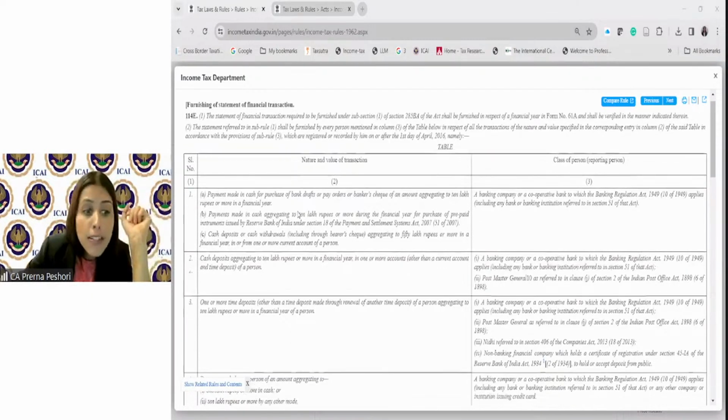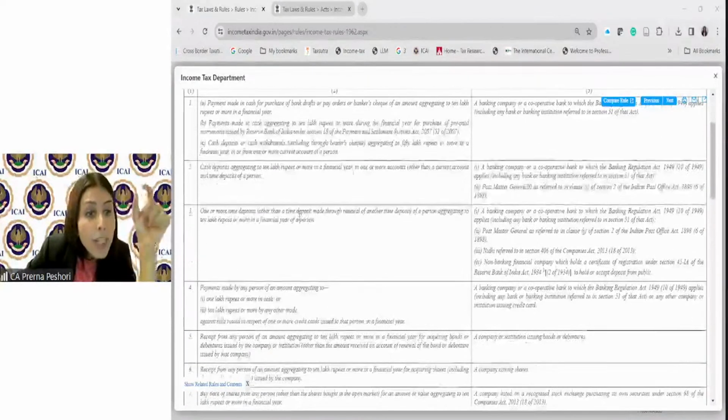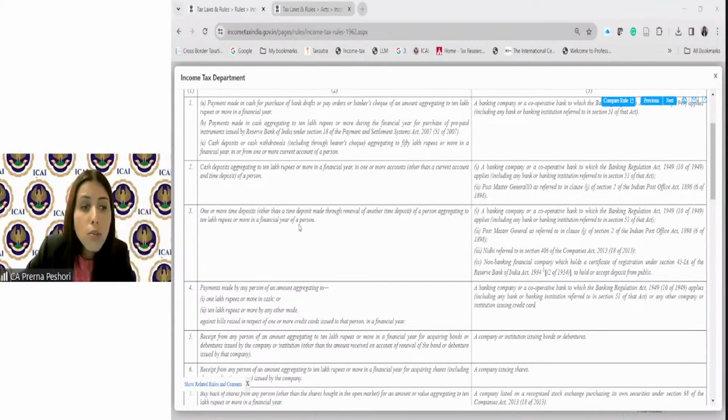Or if, for example, I have made the payment of more than rupees 1 lakh in cash or more than rupees 10 lakh through the banking mode against the credit card bills, then the credit card companies, the banks, cooperative banks, have to report it.